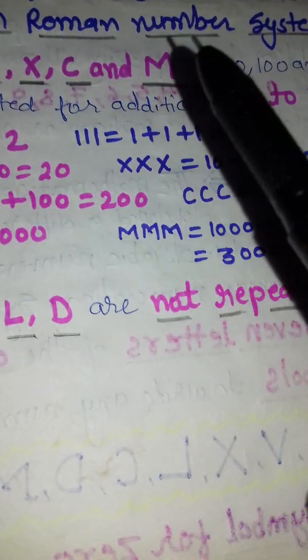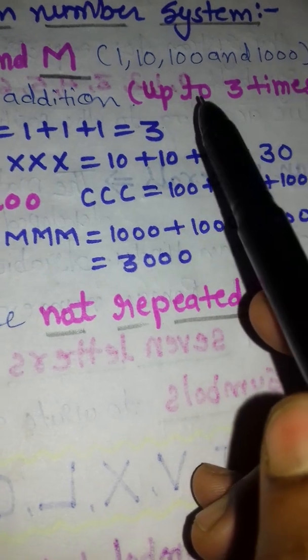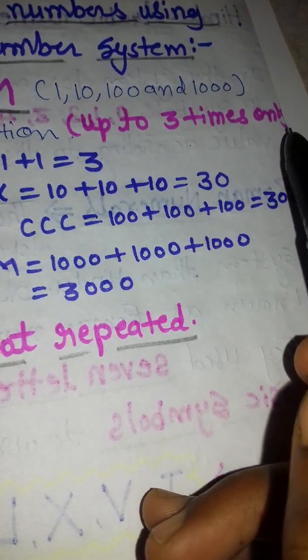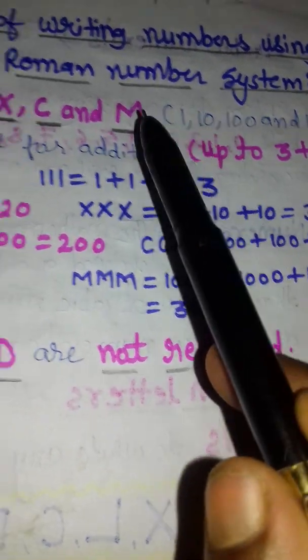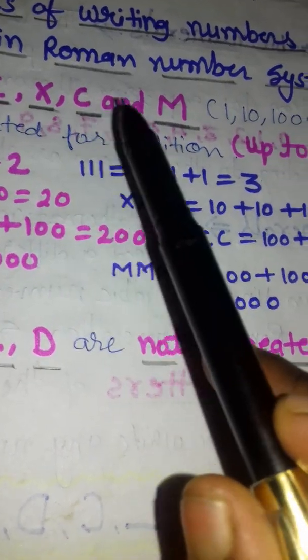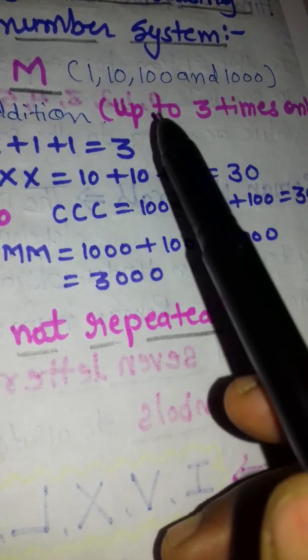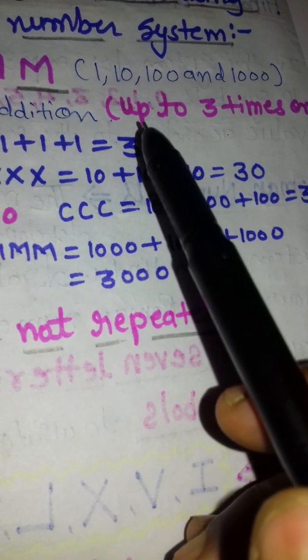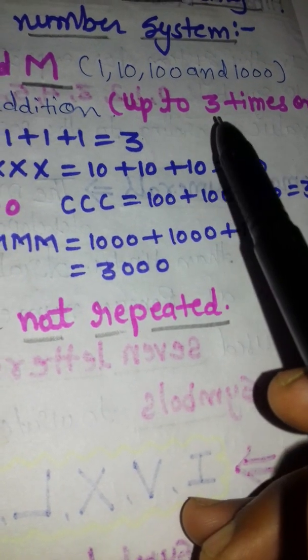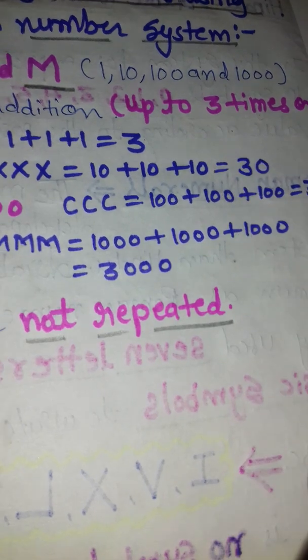But how many times? Up to 3 times only. These symbols I, X, C, M, with values 1, 10, 100 and 1000, can be repeated in the Roman number system up to 3 times only, not more than 3 times.